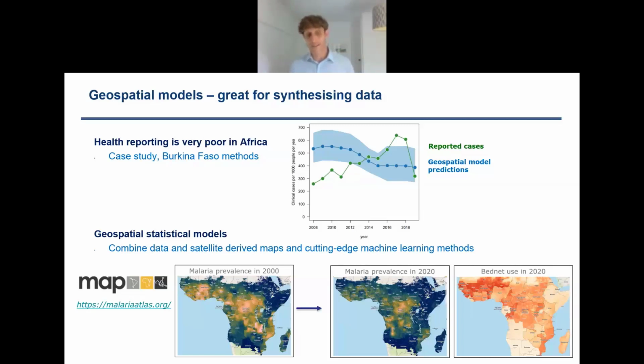These geospatial models are about as good as they can possibly be. They really are cutting edge, but they can't work wonders, and the data behind them is often relatively sparse, relatively poor. So we have to interpret these models, which look really accurate, with a degree of potential skepticism when looking at short-term trends.